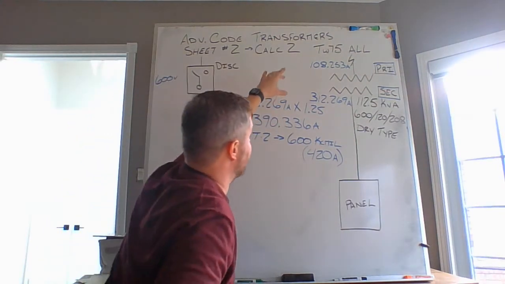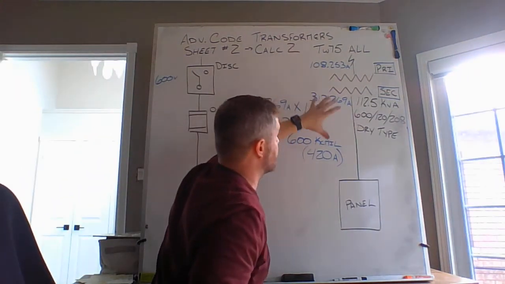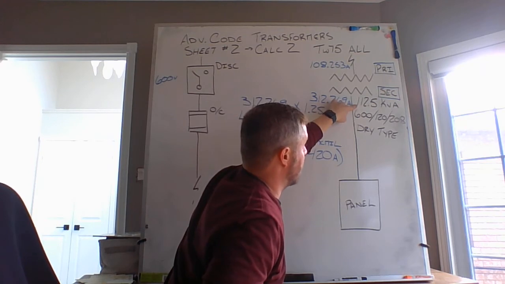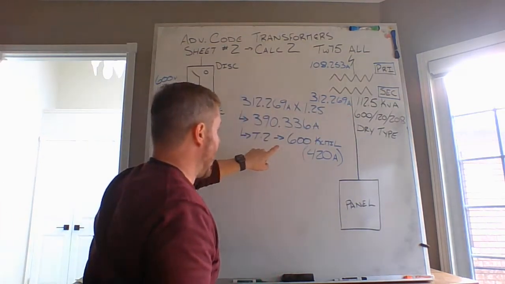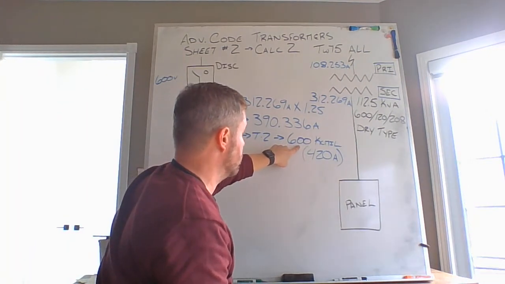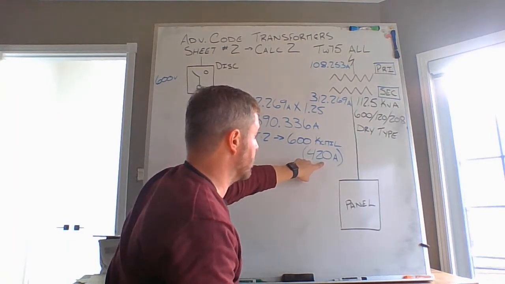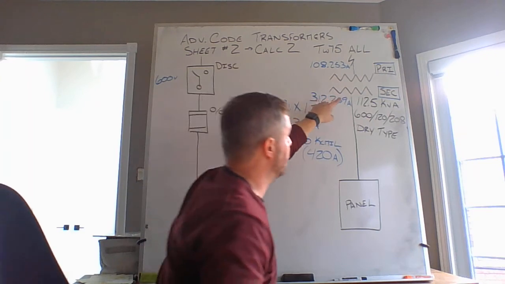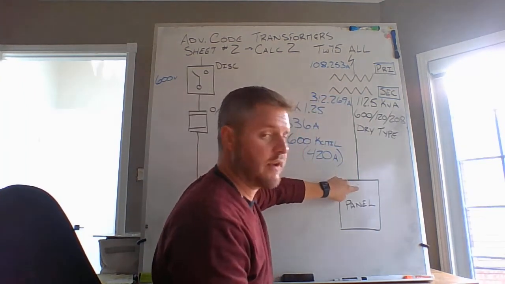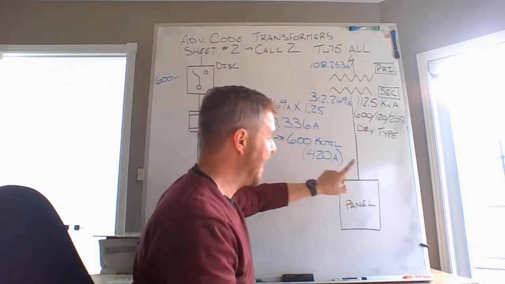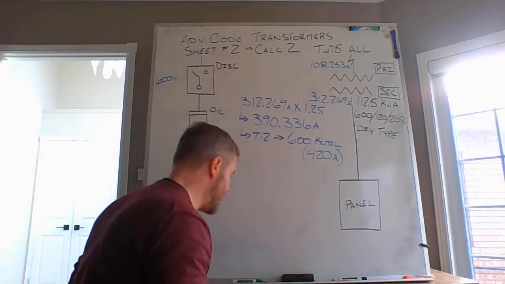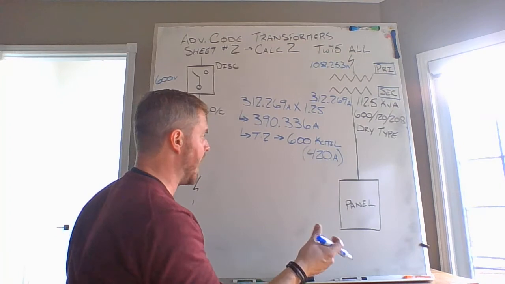Because my ampacity changes from primary to secondary, keeping my same value of 112.5 kVA, I now have to observe this value and size a bonding conductor on the secondary side of my transformer, going to my panel. I now have to size a different bonding conductor for that.